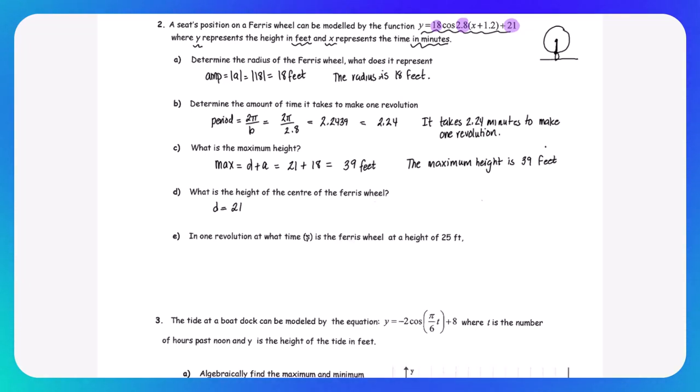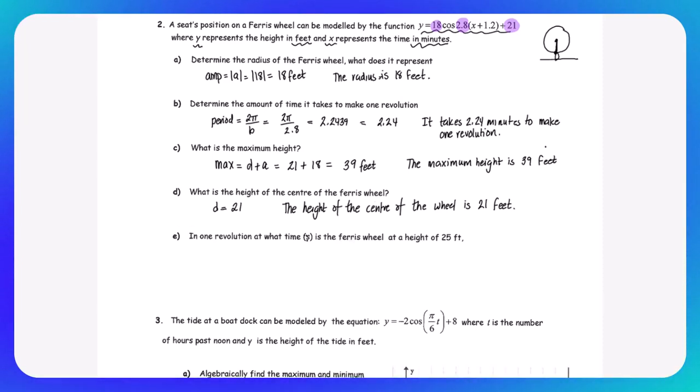So the height of the center of the wheel is 21 feet. Got to remember the feet for our units.